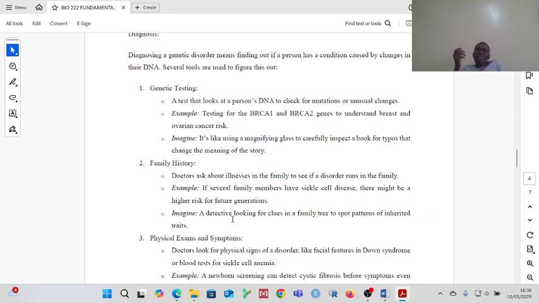Most of these genetic disorders, as we saw, can happen through inheritance. So if you have inherited a genetic disorder, then it means it is within your family. So they have to check whether other people within your family are also portraying the same characteristics that you are portraying.